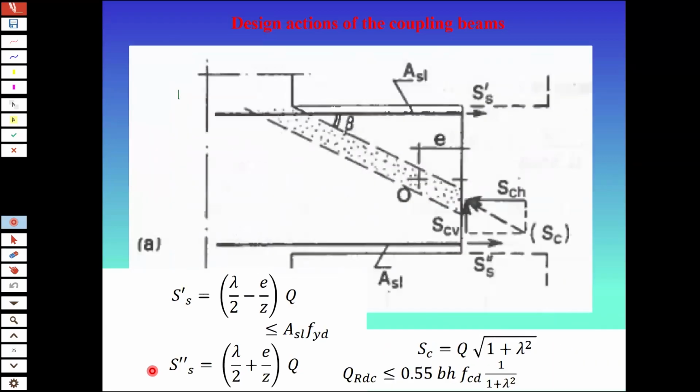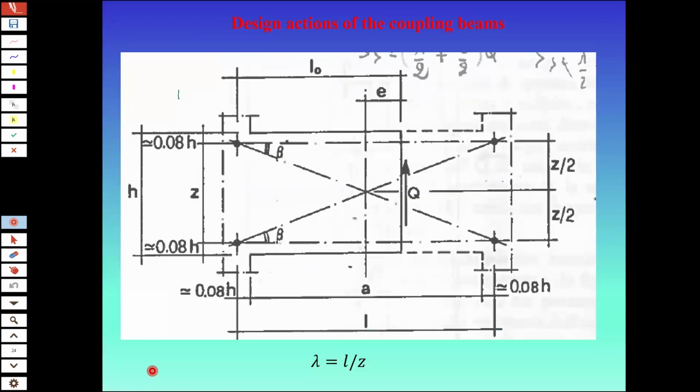Well, there is this parameter lambda, which is equal actually to L, and L is equal to the opening, the 1.2 meters or whatever it is, plus 0.0h plus 0.0h, divided by z, and z is the depth minus 0.08 minus 0.08.